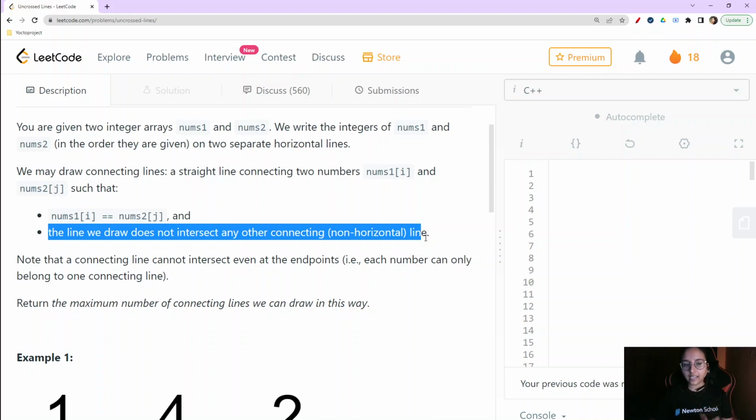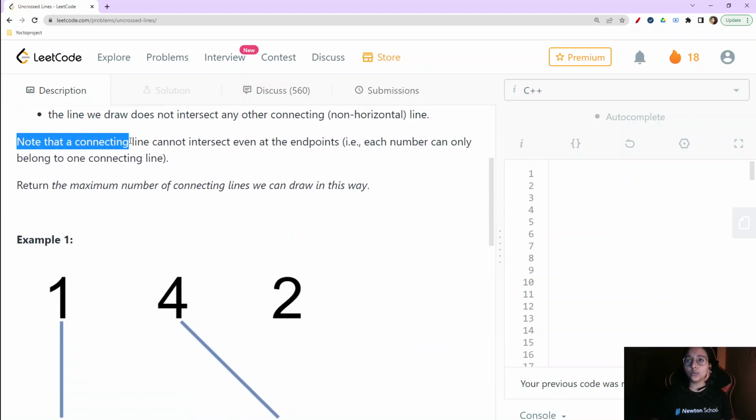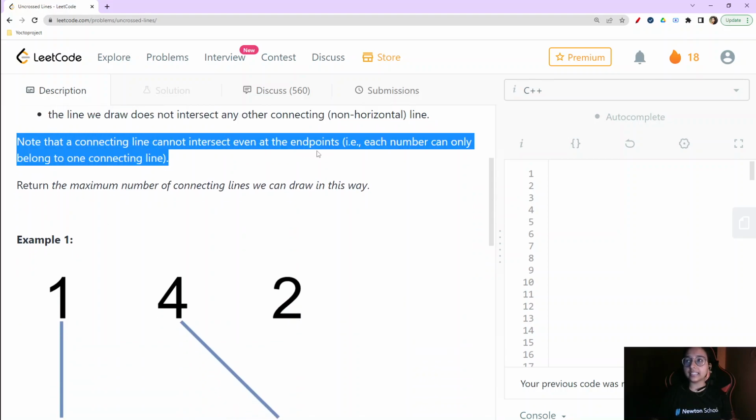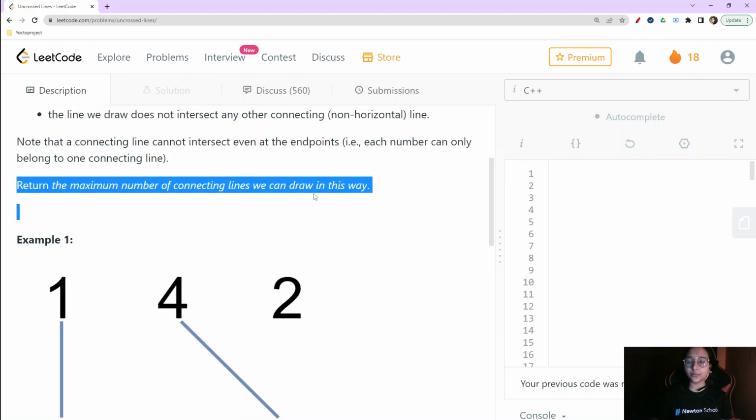And when we are joining other two similar integers, those lines shouldn't intersect each other. Also, note that a connecting line cannot intersect even at the endpoint, that is, each number can only belong to one connecting line, and we return the maximum number of connecting lines we can draw in this way.